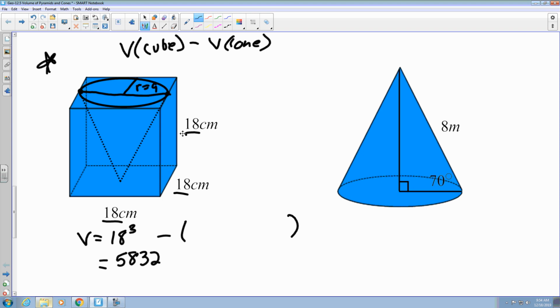So I can now say that this cone's volume is going to be 1/3 times 3.14 times 9 squared, which is 81, times the height, which is also 18. Multiplying all those out, I got 18 times 81 times 3.14, and I divide that by 3.